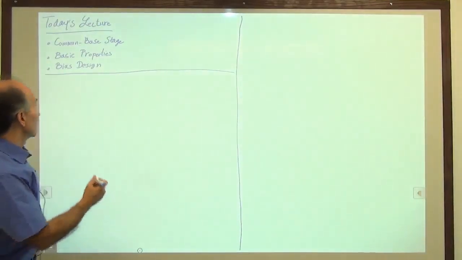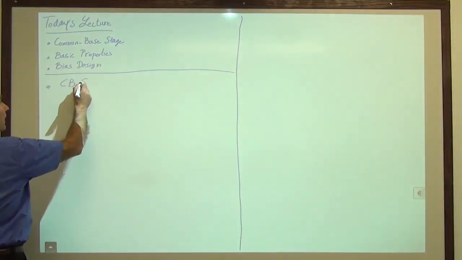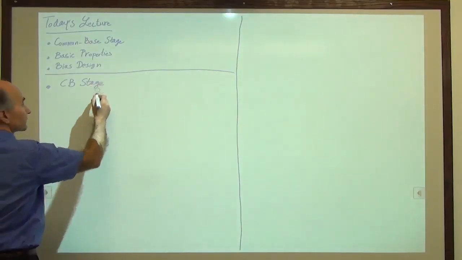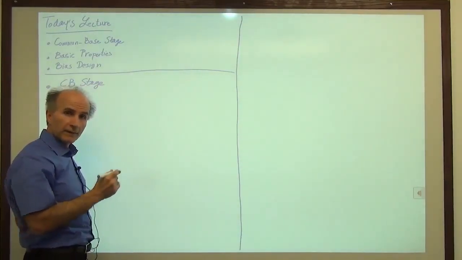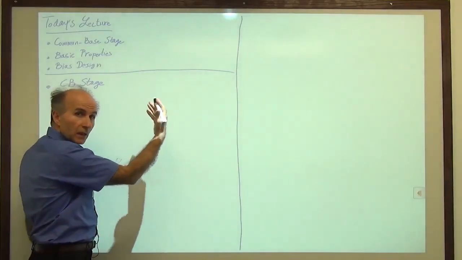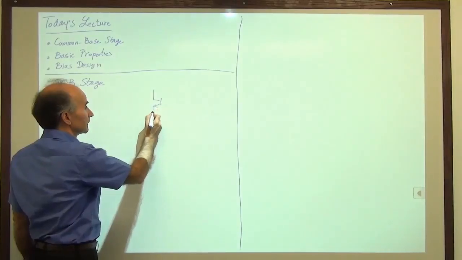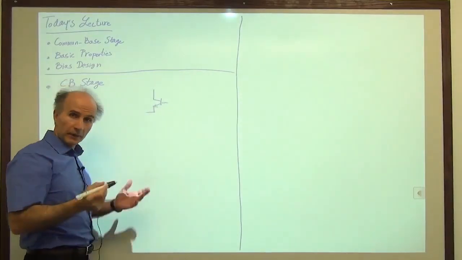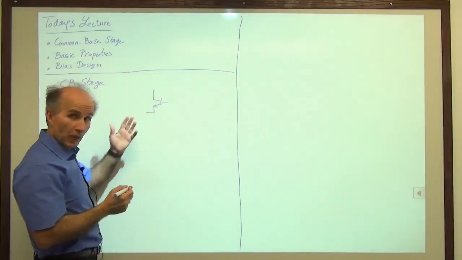So here's the basic common base stage. We have a transistor. This time I will draw the transistor pointing this way, like so. Not a big deal. You can always draw it that way too. It's a little easier to draw it this way for common base.